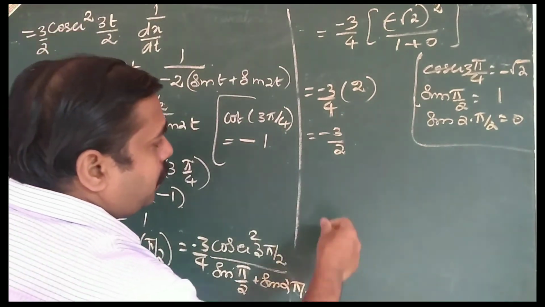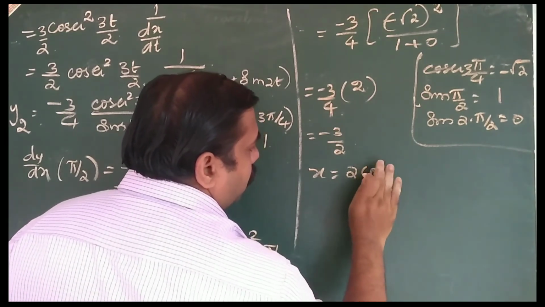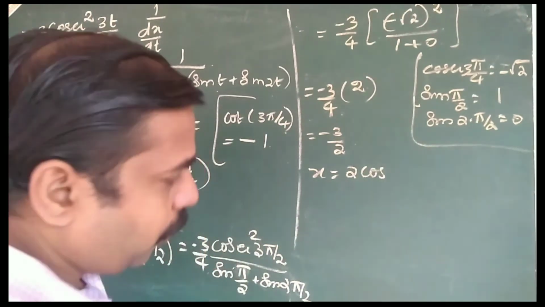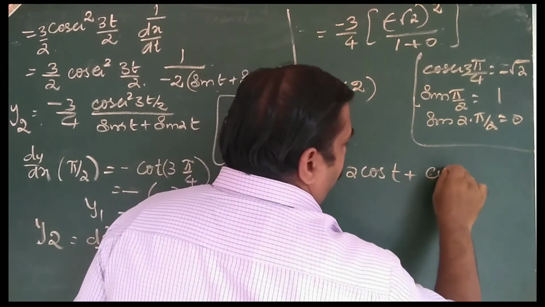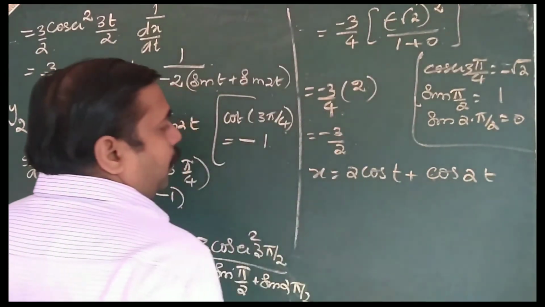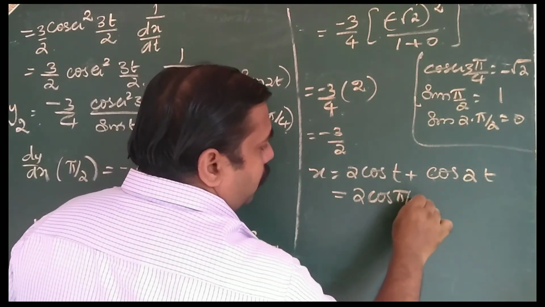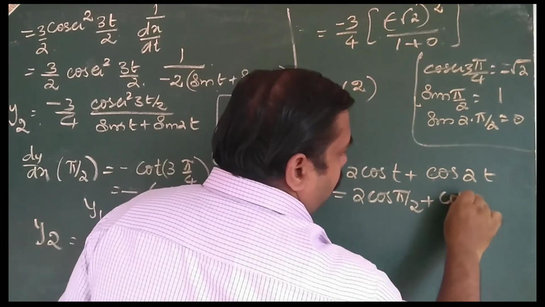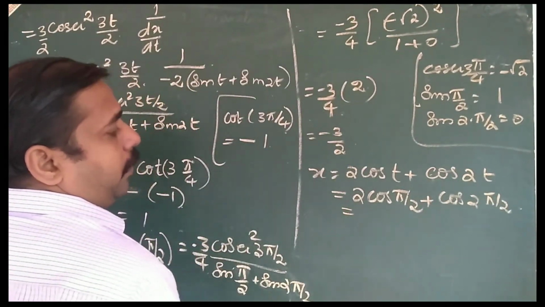That is 2 into cos pi/2 plus cos 2 pi/2.